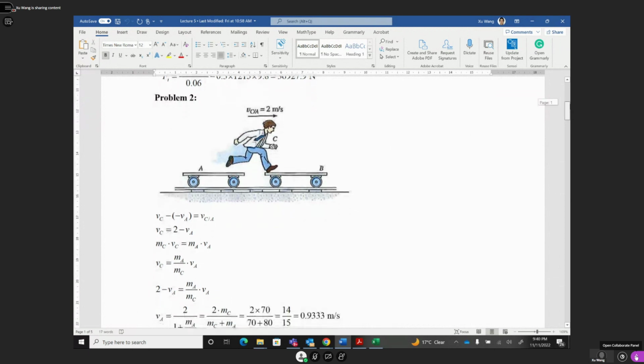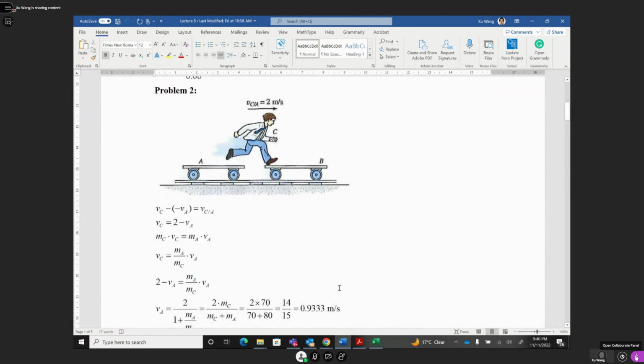And then we know the momentum should be conserved. So M_C V_C, this momentum, should be equal to M_A V_A. So M_C V_C at jump off equals M_A V_A. This is momentum conservation. From this one, you solve V_C equal to M_A divided by M_C multiplied by V_A. And from here, we know V_C equals 2 minus V_A, so replace V_C.